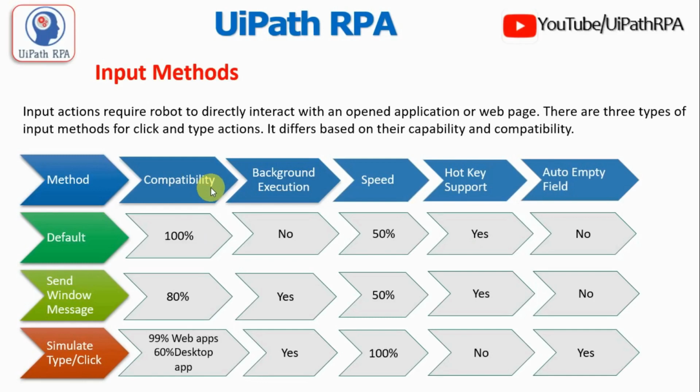But here speed is not fast, it is 50%, same as the default method. It supports hotkeys, and here also it doesn't support auto empty fields, so we have to use the empty field option from the property side.